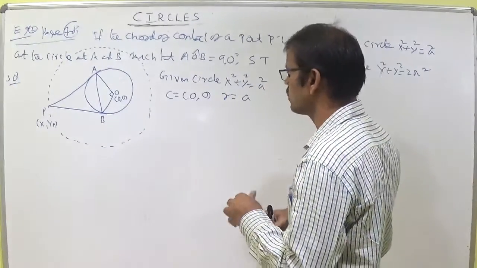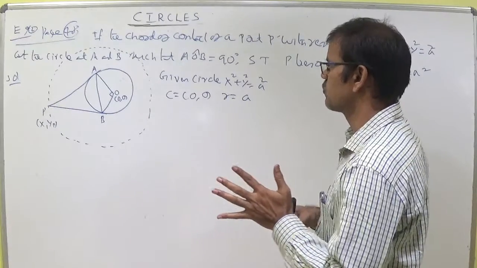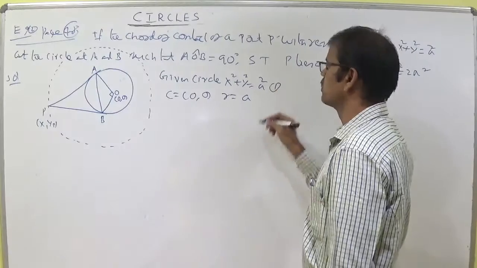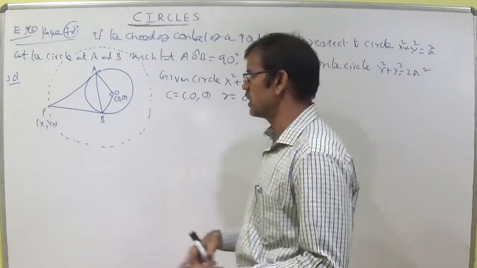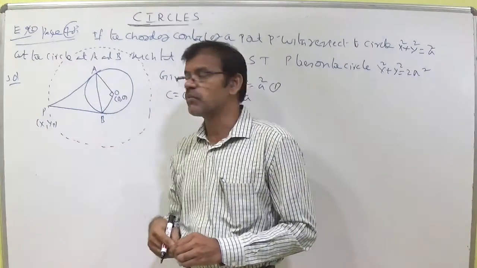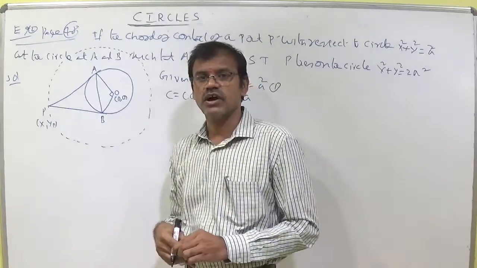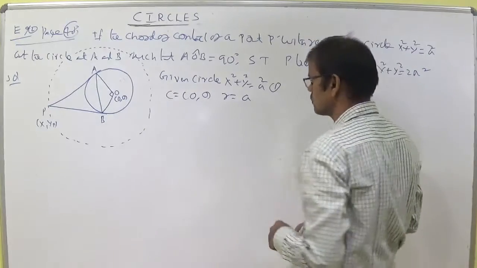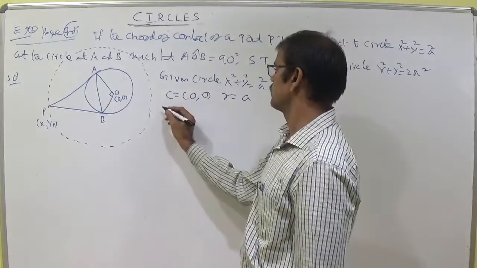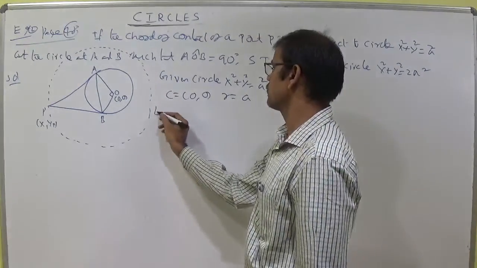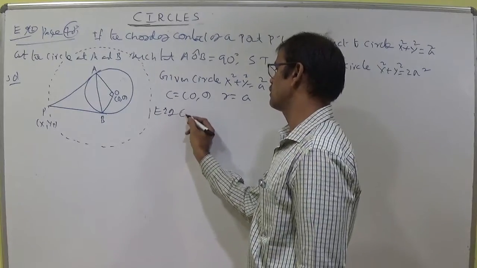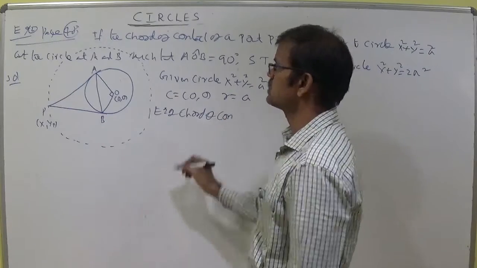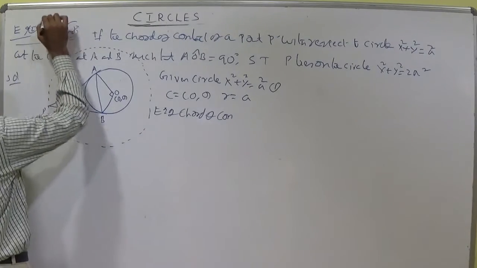Depending on that, by homogenizing the equation of the chord of contact, we will get the answer. Joining the points of intersection to the origin is nothing but homogenization. So for the given circle, write the equation of the chord of contact. Students, this is important for 4 marks. Locus sums are important.